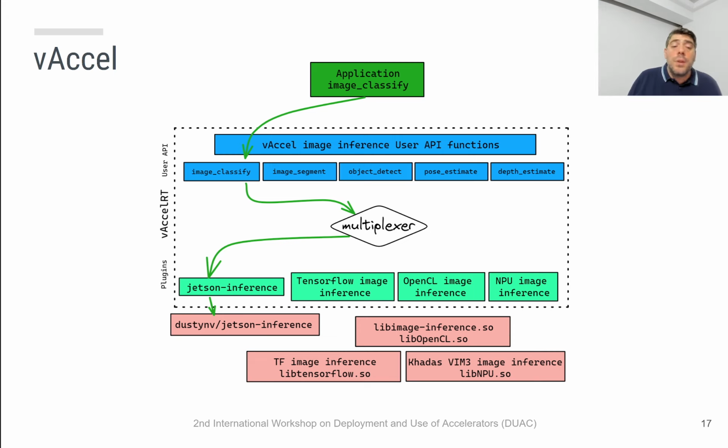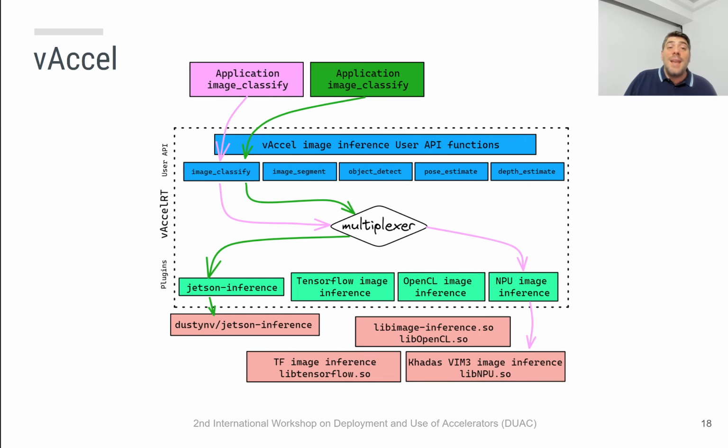It's the JSON inference plugin, and then this plugin actually calls the image classification operation that will be executed on the hardware itself. Now, the same application binary, by specifying at runtime a different plugin, can be used to execute on a different hardware device.